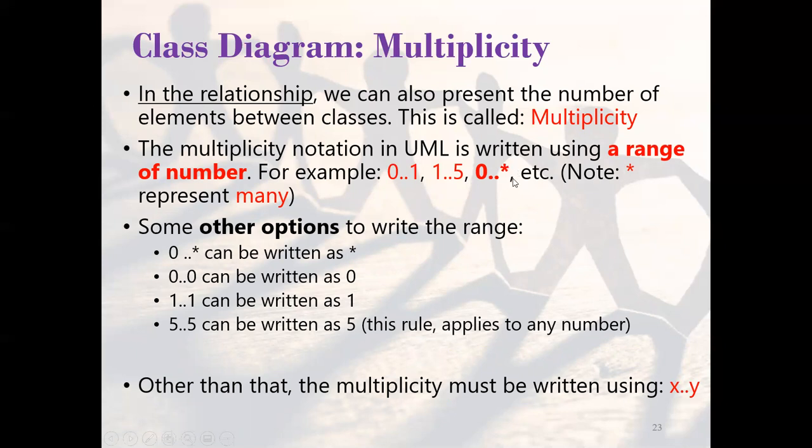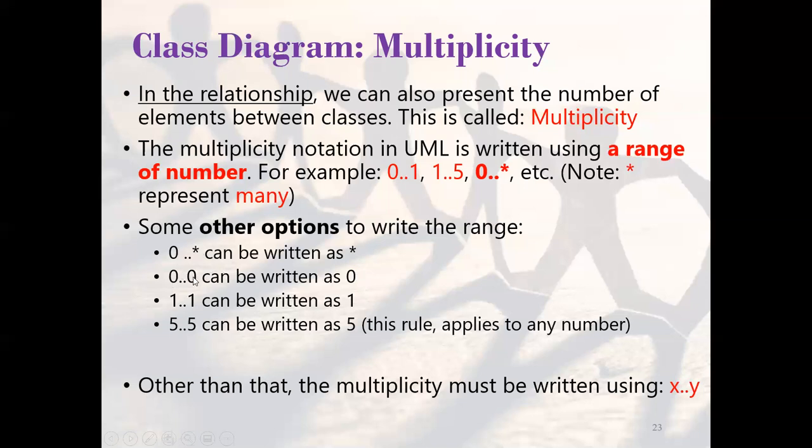The star in here represents many. So this is 0 to many. 0 to 0 means 0. Sometimes people just put in the maximum possible relationship. So 0 is the minimum, many is the maximum.